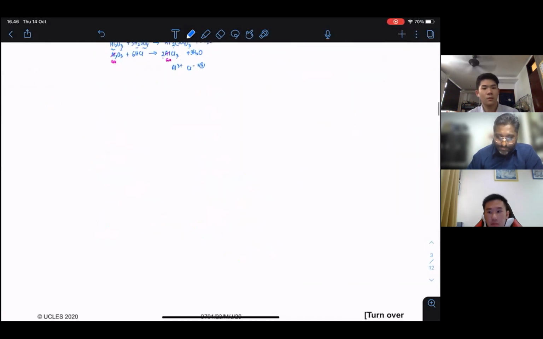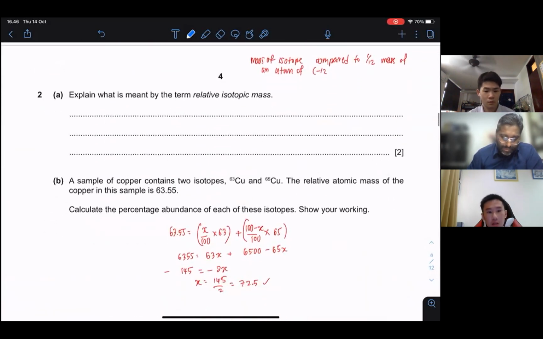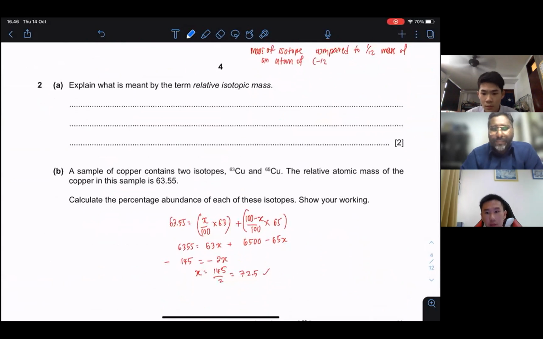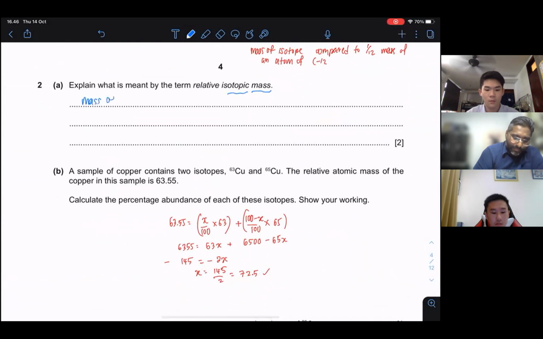I will move on. Question number 2 is a simple question. What is meant by relative isotopic mass? When you refer to relative isotopic mass, you just need to start from here: the mass of an isotope. Where do you compare?